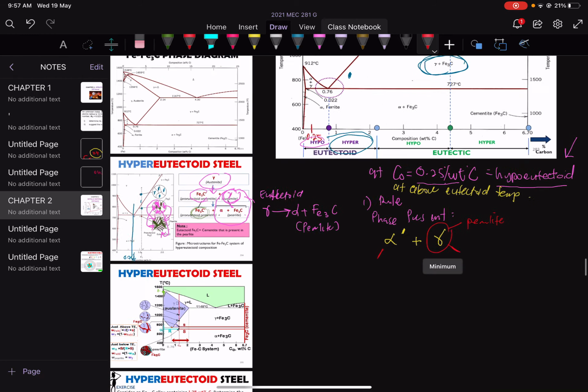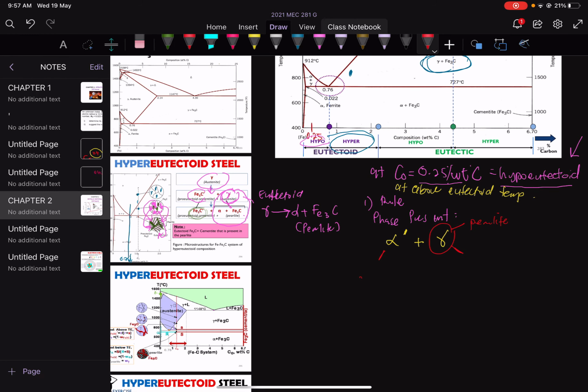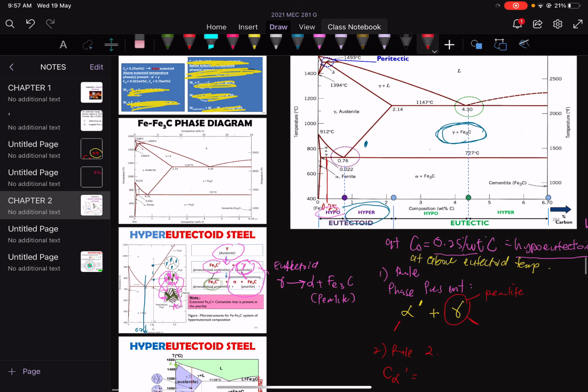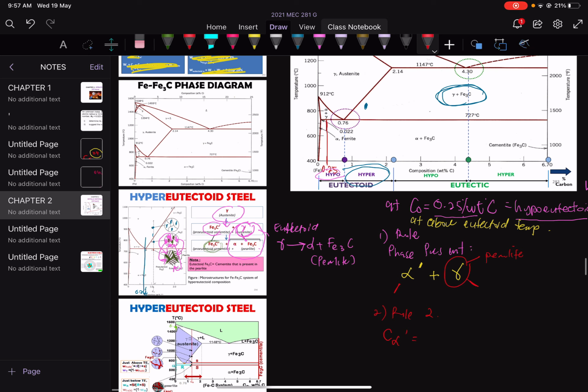Then rule number 2: we should be able to know the composition of pro-eutectoid ferrite. At 0.25, the composition of pro-eutectoid ferrite will be 0.02.